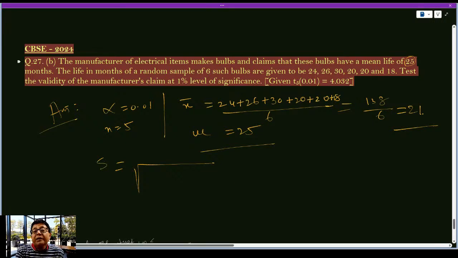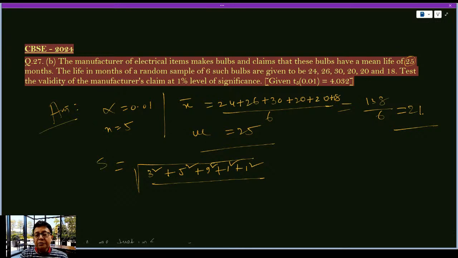S is the sum of x bar minus x1, whole square, divided by n minus 1. So 24 minus 21 square, 5 square, 9 square, 1 square, 1 square. Divided by how much? Oh, 18 is also there.